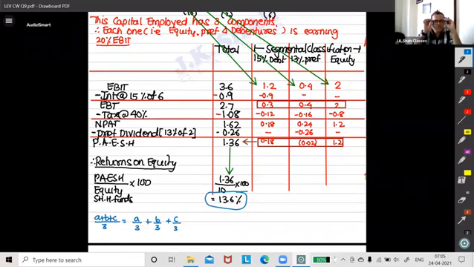Management would be jumping with joy, saying, wow, others are doing 12%, 11%, we are getting 13.6%, this is good. Correct? But now when you do this segmental classification, what do you realize? There is some fault in the capital structure.